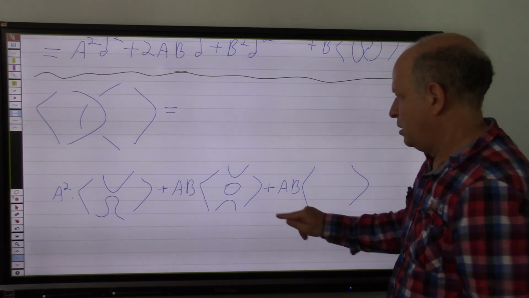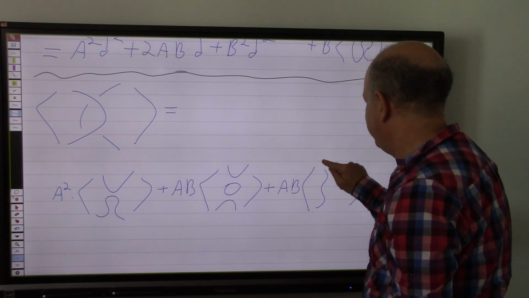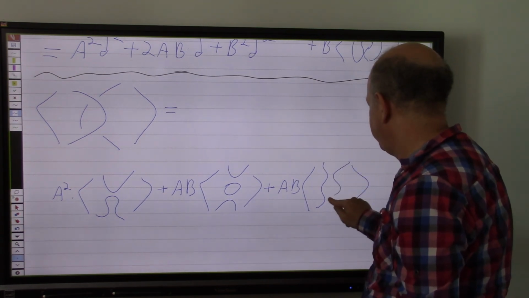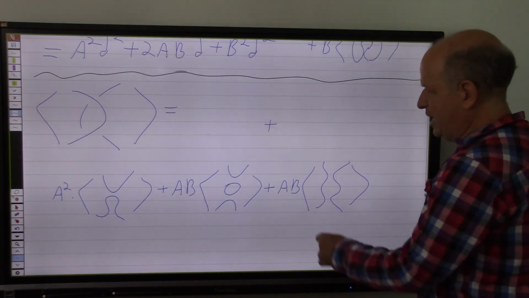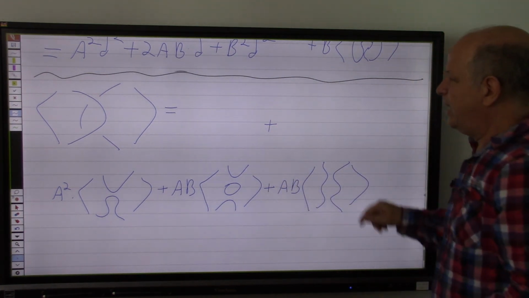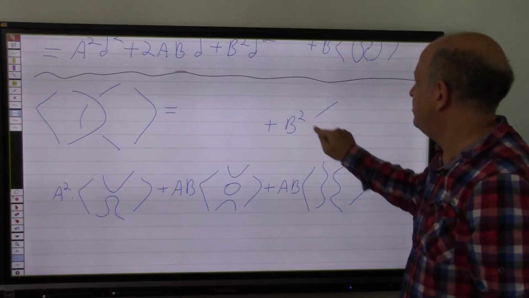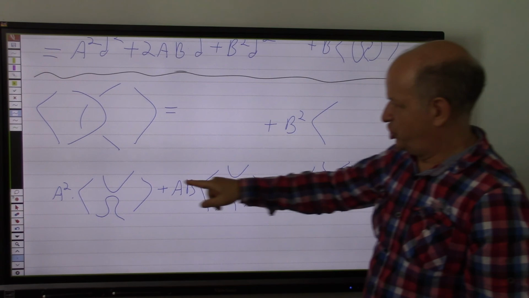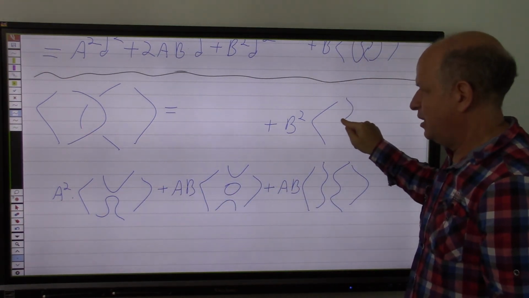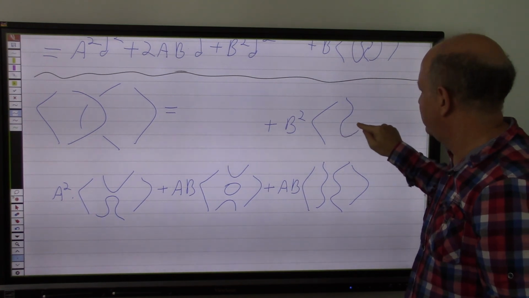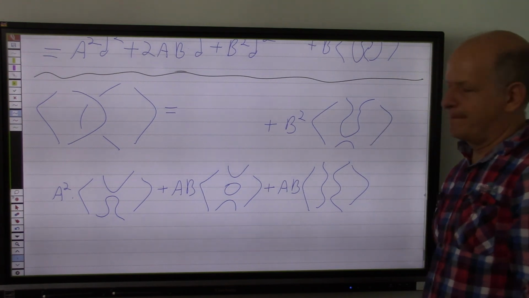So the bottom stays as written, and the top gets flipped, so it looks like this. And finally, if I flip both, I get b squared times, so I flip the top so it looks like this, and I flip the bottom so it looks like this, and that's the picture. Okay?